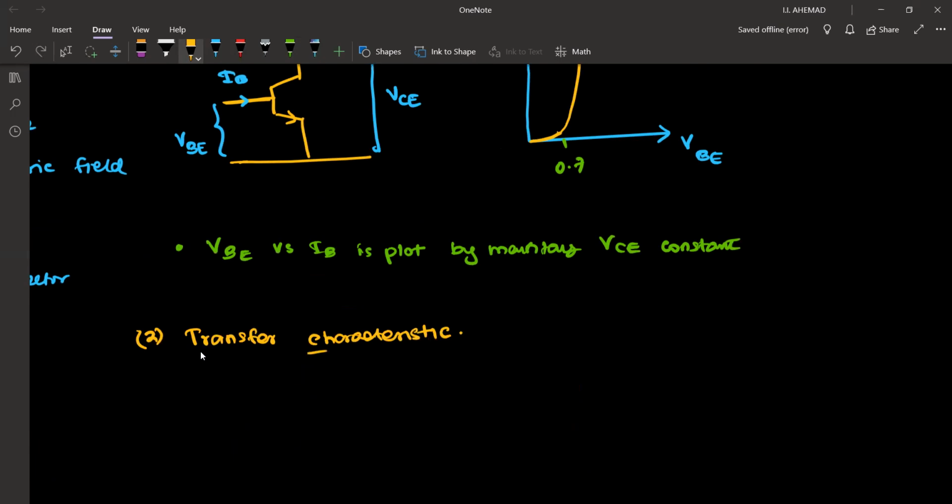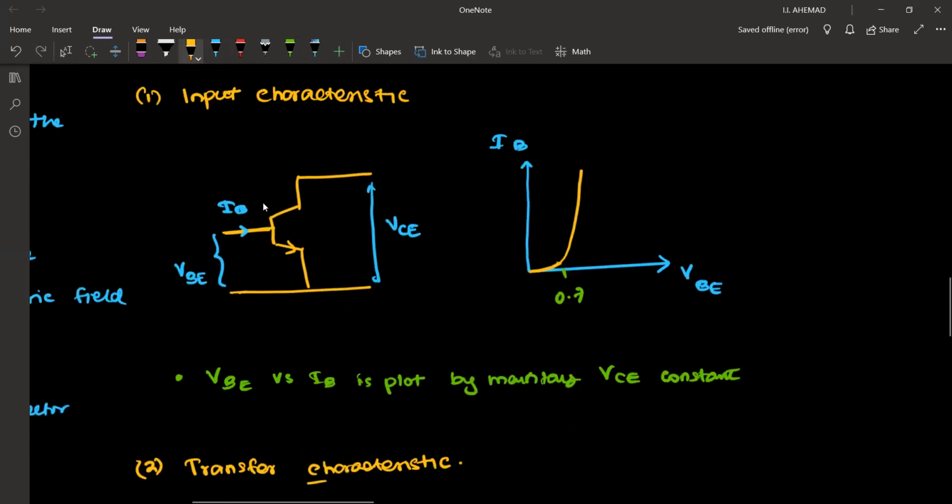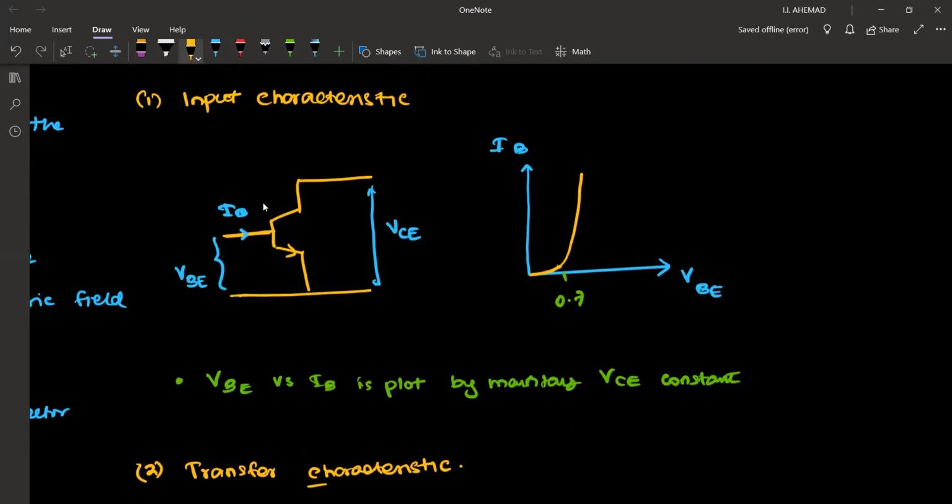So in the transfer characteristic, we are talking about the relationship between IB and IC current.